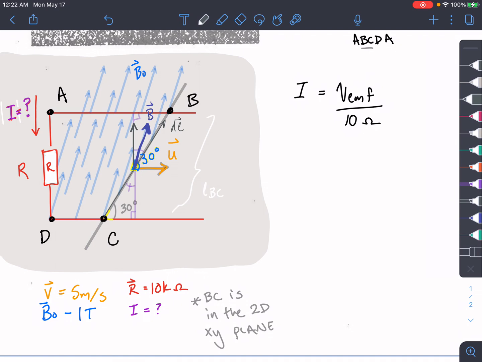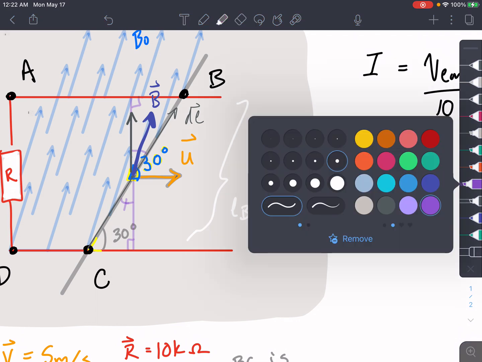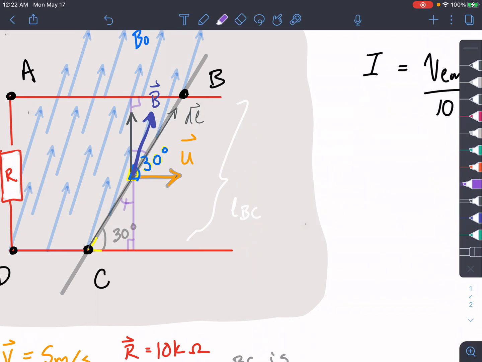When we take the dot product, this is getting a little dicey with our cross and dot products, but when we take the dot product of this vector with DL, we want to look at the angle between them. In that case, that angle is going to be equal to 60 degrees because this one's 30, this one's also 30, and this one is also 30, if we remember our angles, because this line is connected. So this is going to be 60 here.